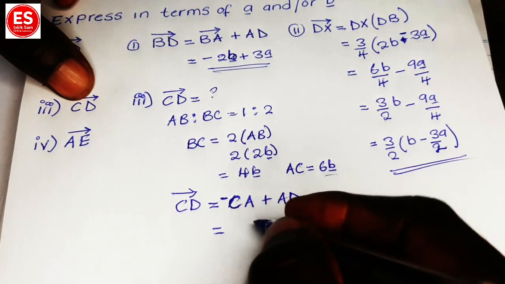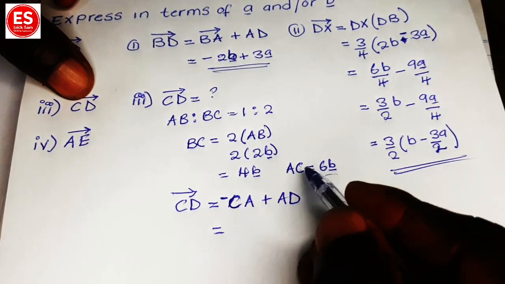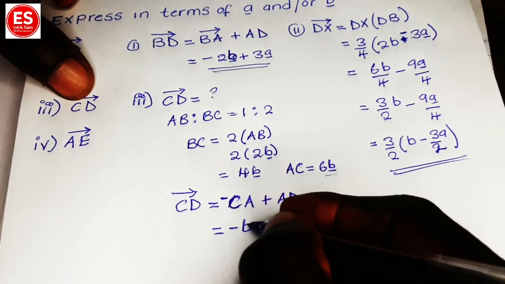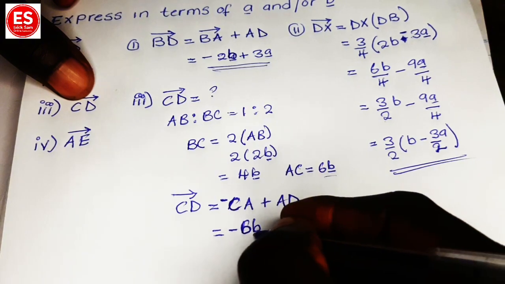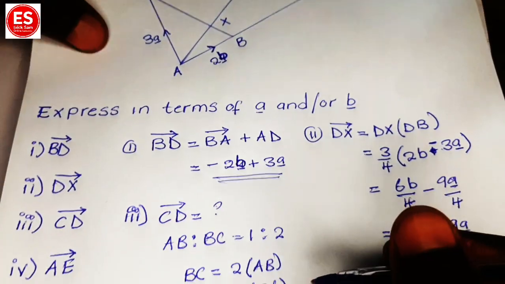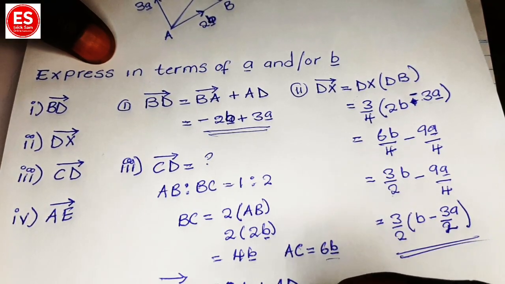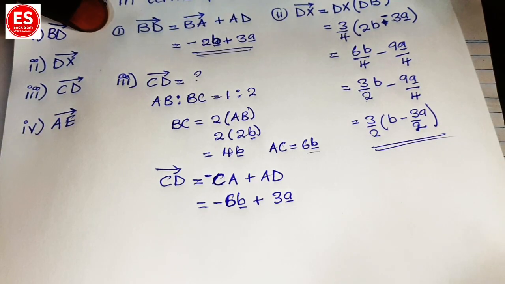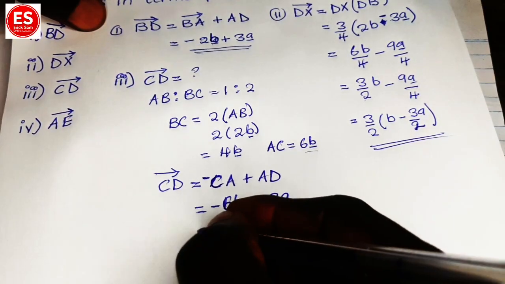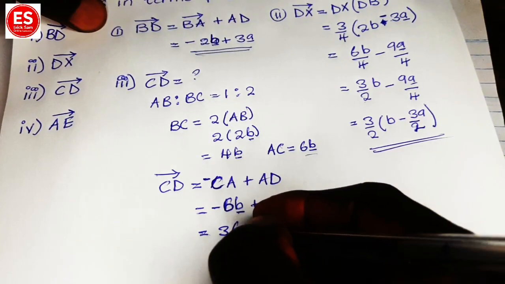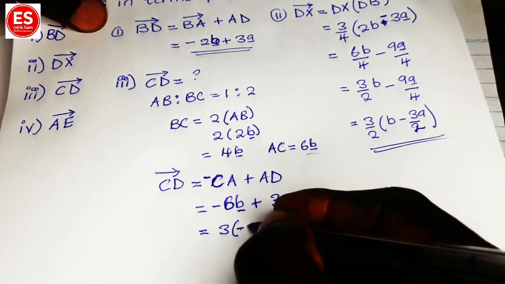Remember CA is 6B, so you're going to say negative 6B, plus AD is 3A. That is how you find that. If you want, you can factorize the 3. You're going to say 3 open, negative, negative what?